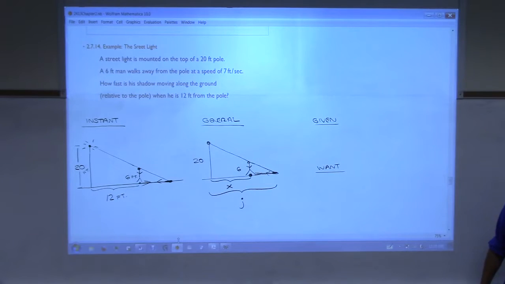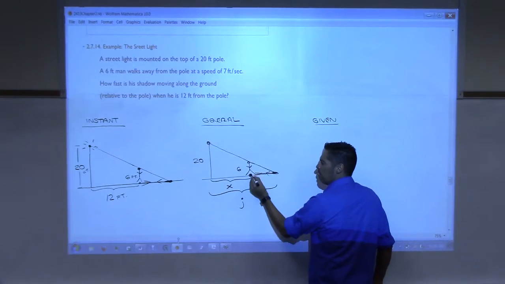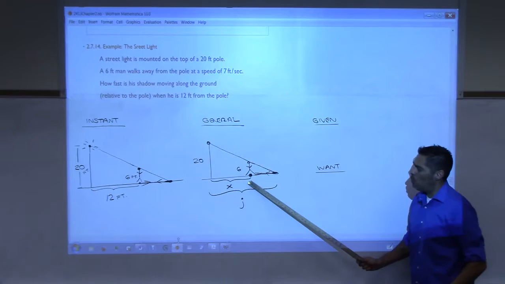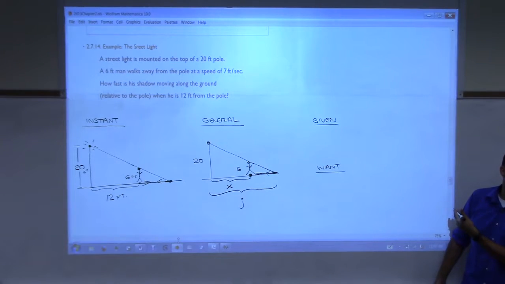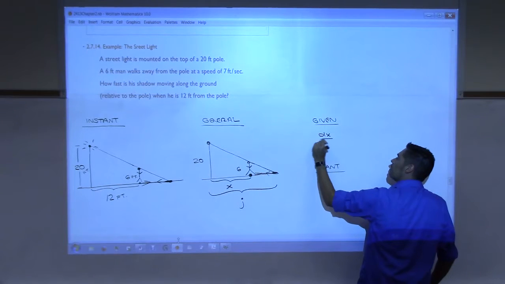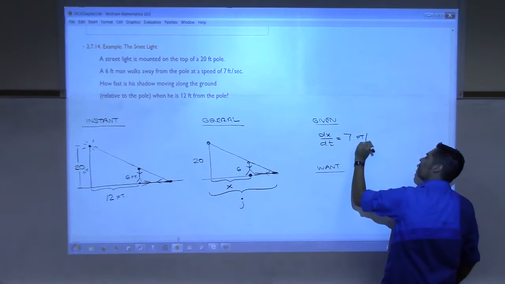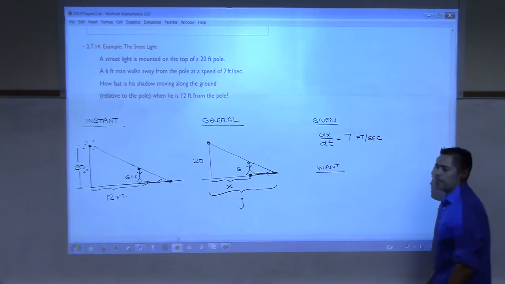It's the rate of change of what, though, in our picture? Of x. Agreed? 7 feet per second is how fast the man is moving, which is really how fast that point is moving along the ground. So I'm going to put dx/dt, 7 feet per second, right?